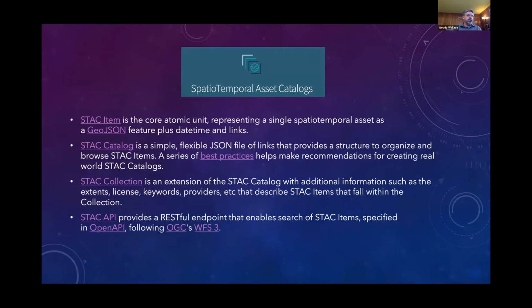The other technology to dive into a little bit is the spatial-temporal asset catalog. Again, it's composed of items, and those items make up a catalog. It also has the concept of a collection, and it's at the collection level that many things like licenses and extents and keywords are stored. One of the things that we're doing with the community is working on a crosswalk between FGDC metadata, for instance, and what's stored in the spatio-temporal asset catalogs.